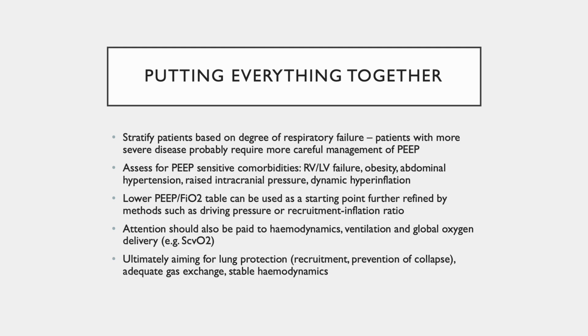The lower PEEP FiO2 table can be used as a starting point and can be further refined by other methods such as driving pressure or recruitment inflation ratio as discussed. And attention should also be paid to hemodynamics, ventilation, and global oxygen delivery, apart from just oxygenation and lung mechanics.